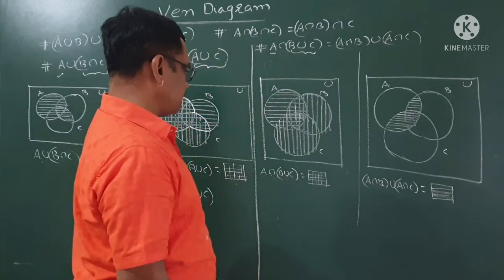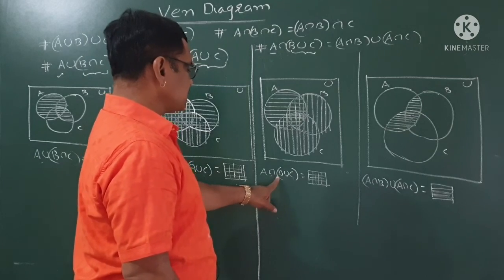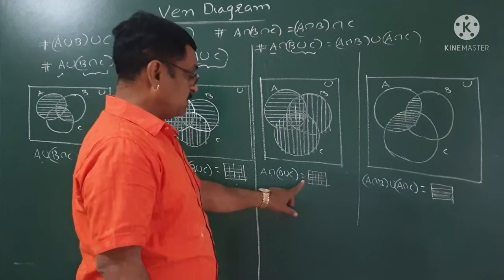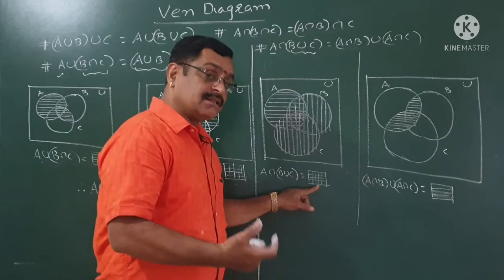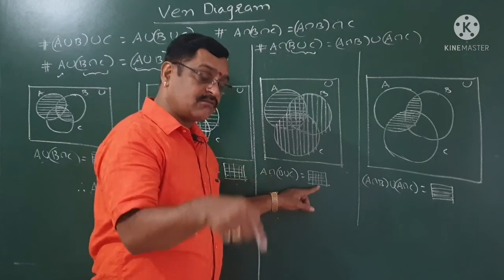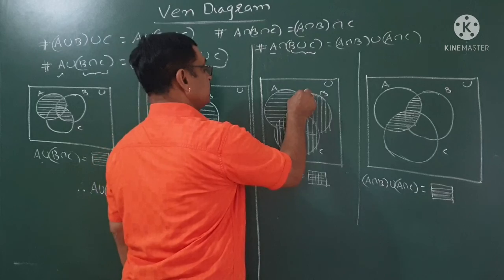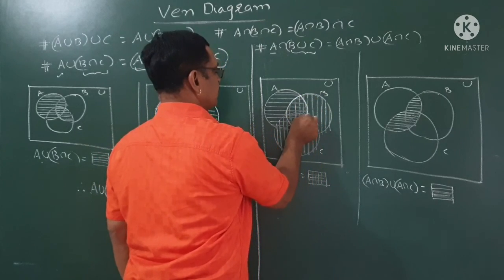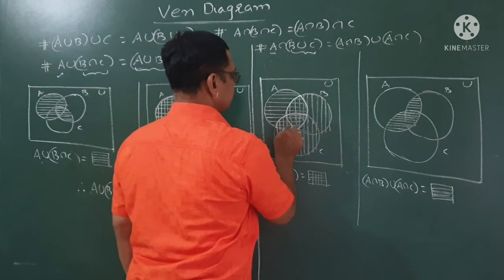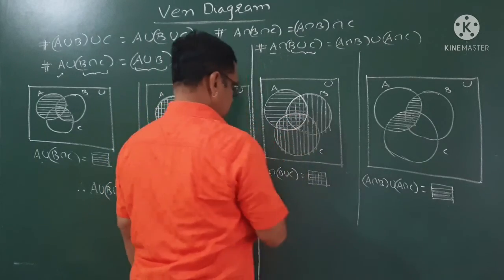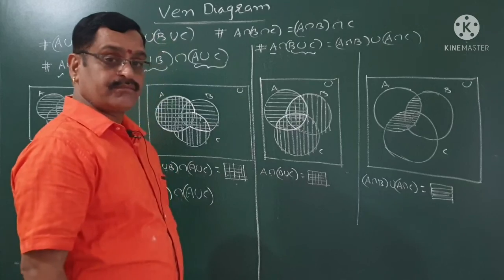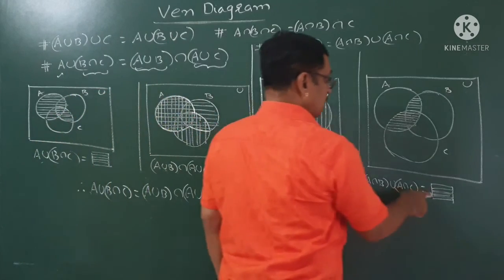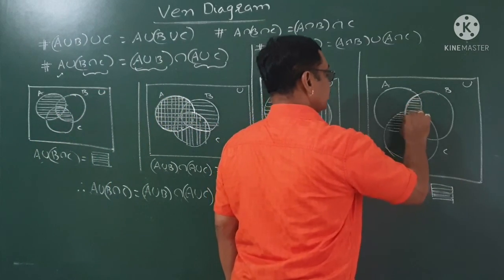Now if you observe carefully, A intersection (B union C) is these type of lines, where the horizontal lines and vertical lines meet. This part, I am highlighting that this part is A intersection (B union C), and this is horizontal line part.